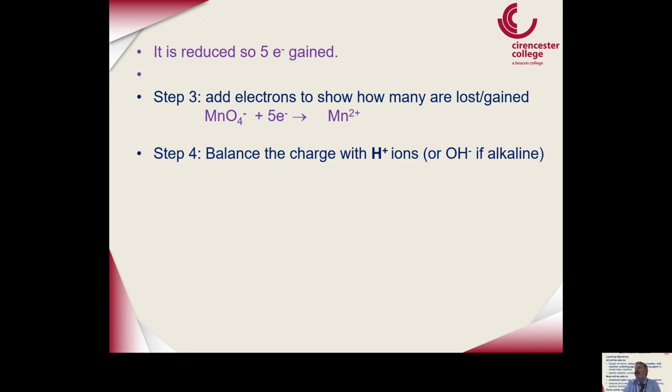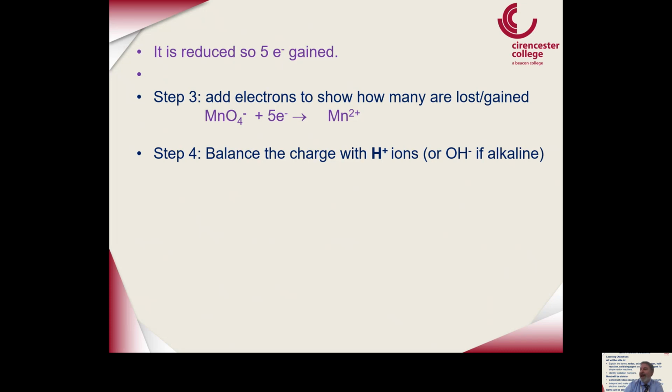Now we need to balance the charge with hydrogen ions, or hydroxide if it's an alkaline system. You might be told whether it's to be balanced in an acidic way or an alkaline way. On the left-hand side, we've got the MnO4- ion, which is -1, plus 5 electrons, which makes it -6 overall.